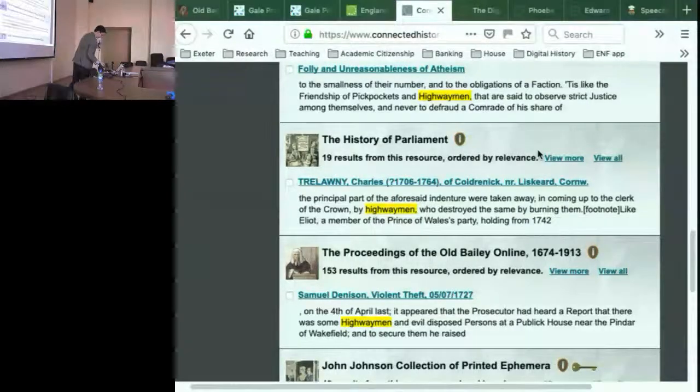So has this added anything to what we know about the history of crime? I want to read a short quote from the creators of Connected Histories. They said that they hoped it would allow a crowdsourced, connected British history to develop on the web.